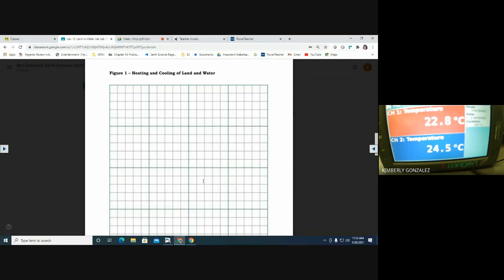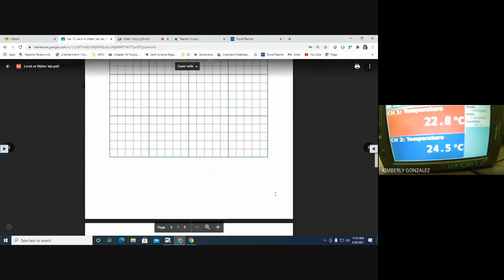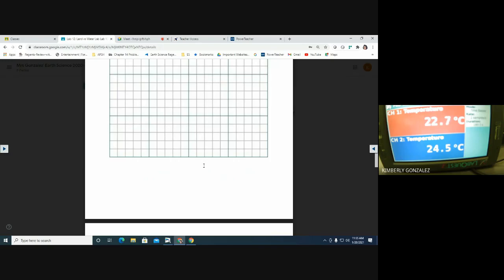Okay, you're gonna color code that. And that means you need a key. So somewhere on this page, you should write the word key, and then this is the color for land, this is the color for water. Okay? You also need to circle the data points.